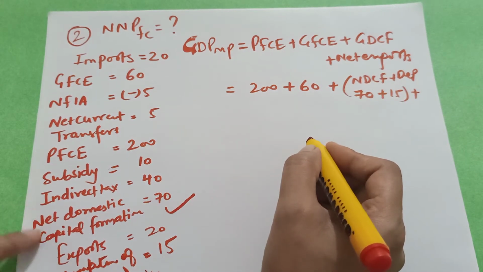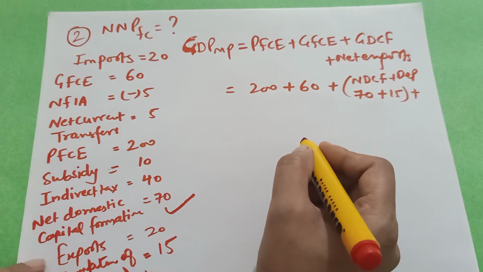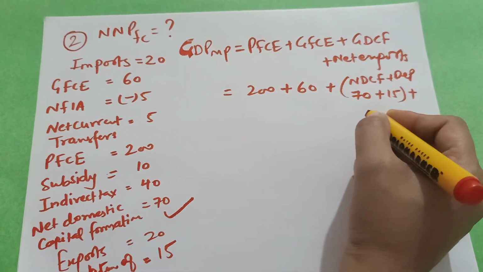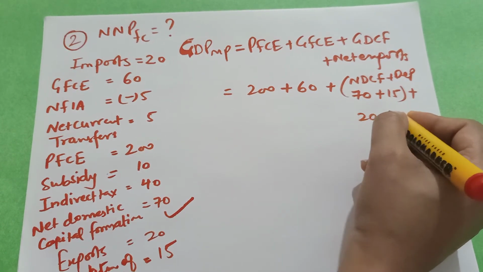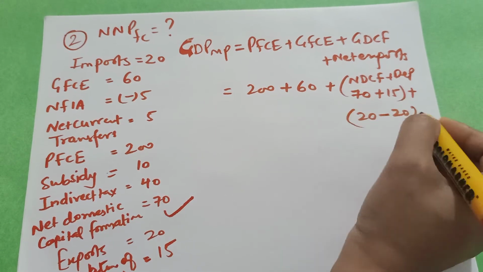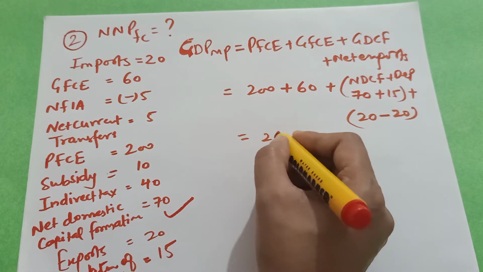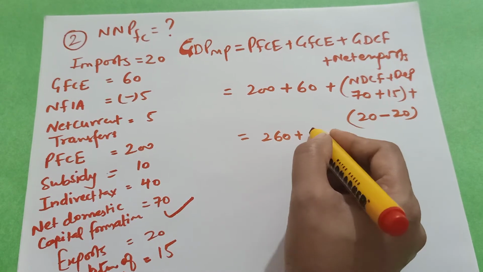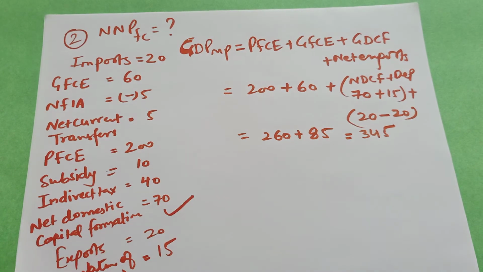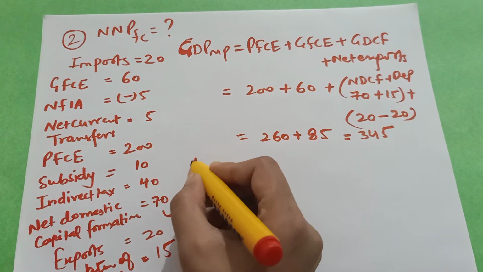Exports and imports both are given, so exports minus imports is 20 minus 20, which is 0. So 260 plus 85. The answer is 345.